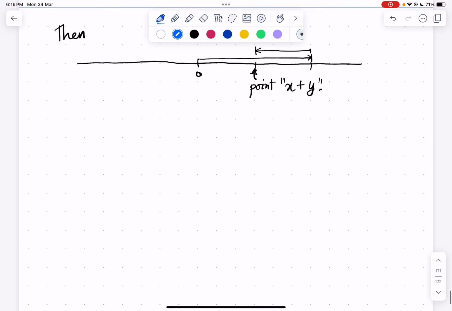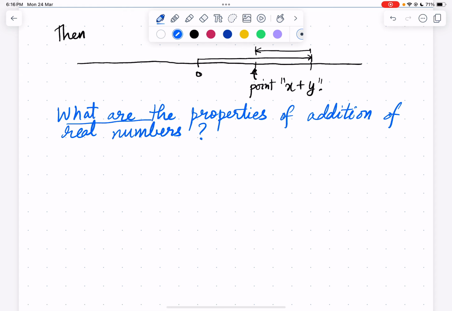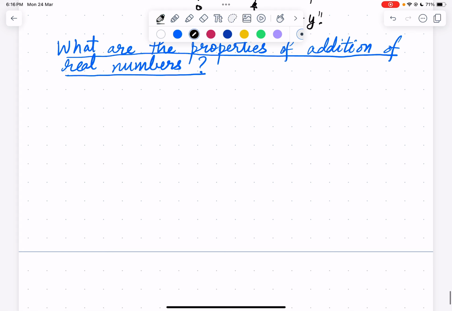We can ask, what are the properties of addition of real numbers? So we have an observation.